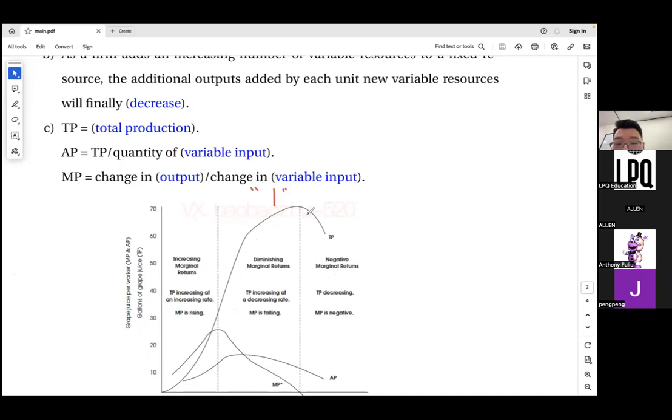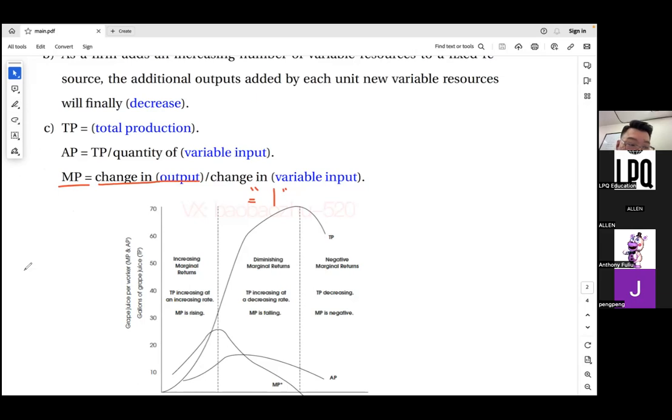That means in that table it is easier, because every time the change in variable input just equals 1. When you hire one more unit of labor, the additional output you can produce can be called MP, because any number divided by 1 is still the number.